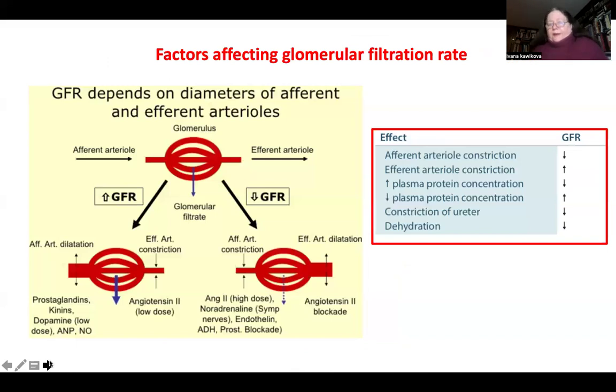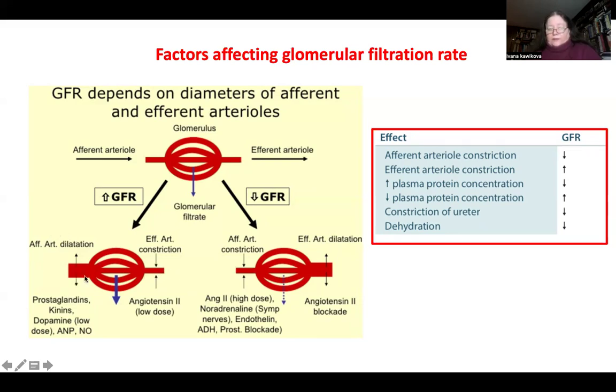So what can actually affect the glomerular filtration rate? We said that in the afferent arteriole and efferent arteriole, we have smooth muscle. So if the afferent arteriole is relaxed, more blood arrives to the capillary network. And if the efferent arteriole is constricted, less blood will outflow.